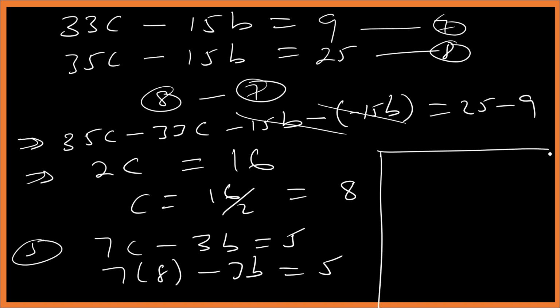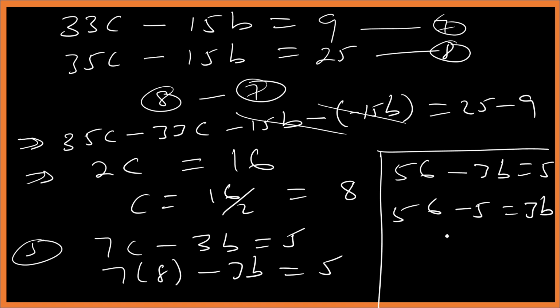From here, 7 times 8 is 56, minus 3b equals 5. So we have 56 minus 5 equals 3b. So we have 51.